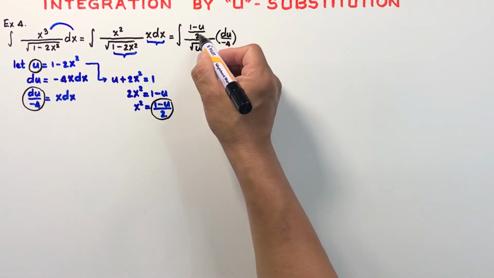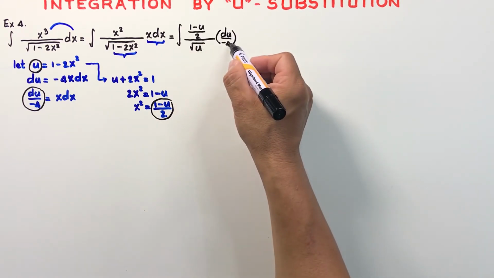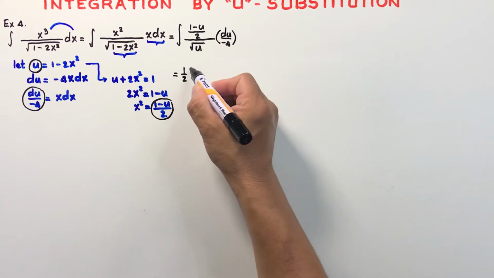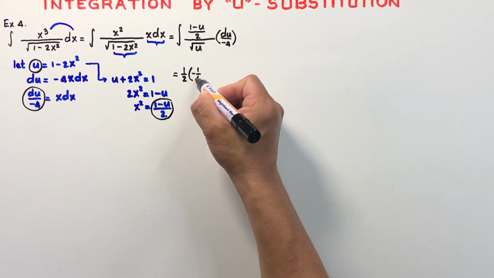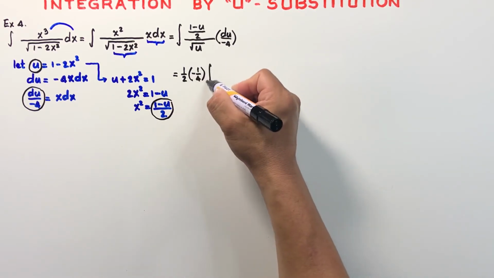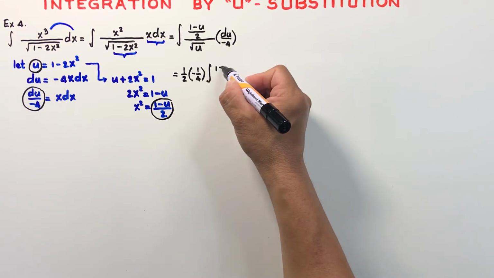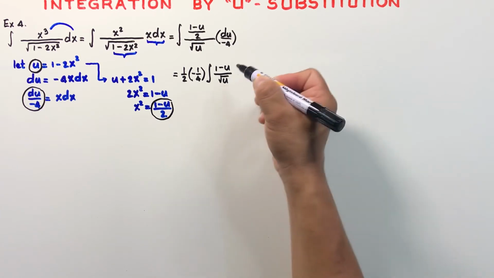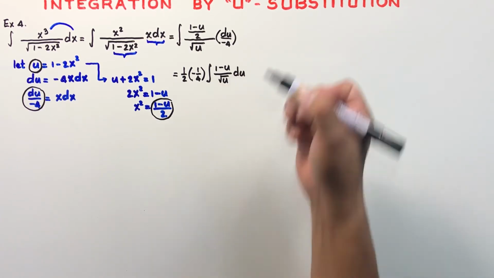And factoring out this 1/2 and the negative 1/4, we have 1/2 times negative 1/4 times the integral of (1 minus u) over the square root of u du.